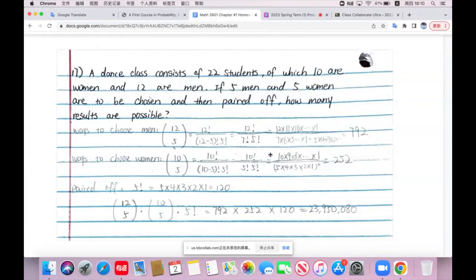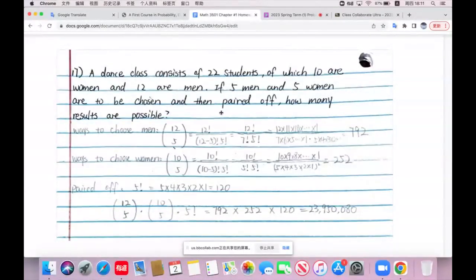Then I make the calculation and got 792. Second, I calculate the ways to choose women, which is choosing 5 from 10 women. It's 10 choose 5, equal to 10 factorial divided by 10 minus 5, which is 5 factorial, times 5 factorial. Then I make the calculation and got 252.